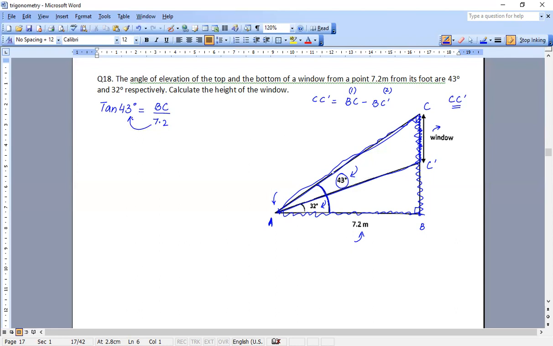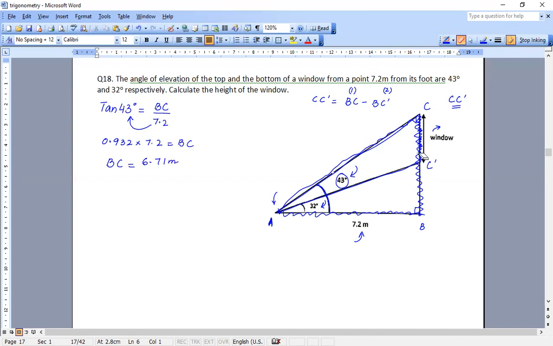Tangent 43 is actually 0.932, and it will be multiplied with 7.2. When I multiply this value with 7.2, I'm left with the value of BC. So BC is equal to 6.71 meters.